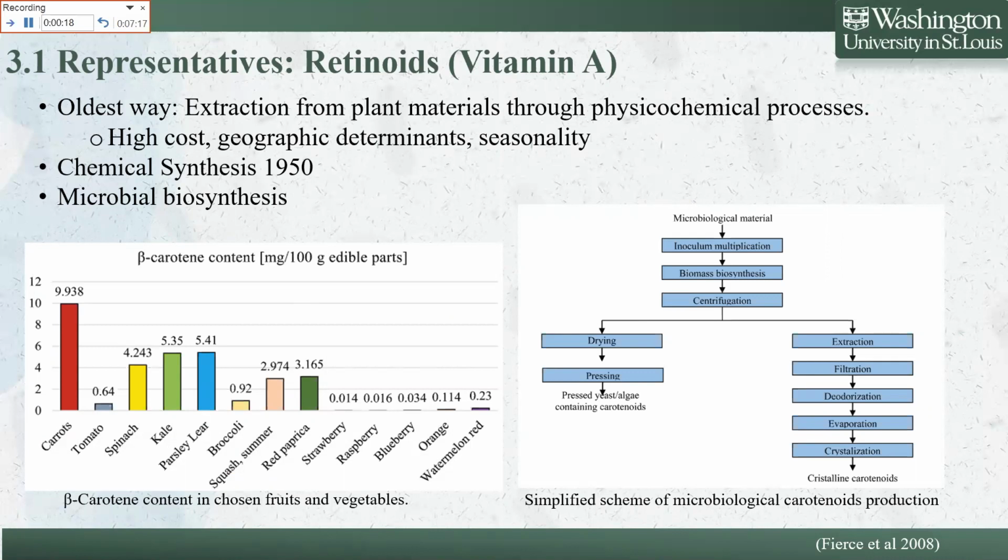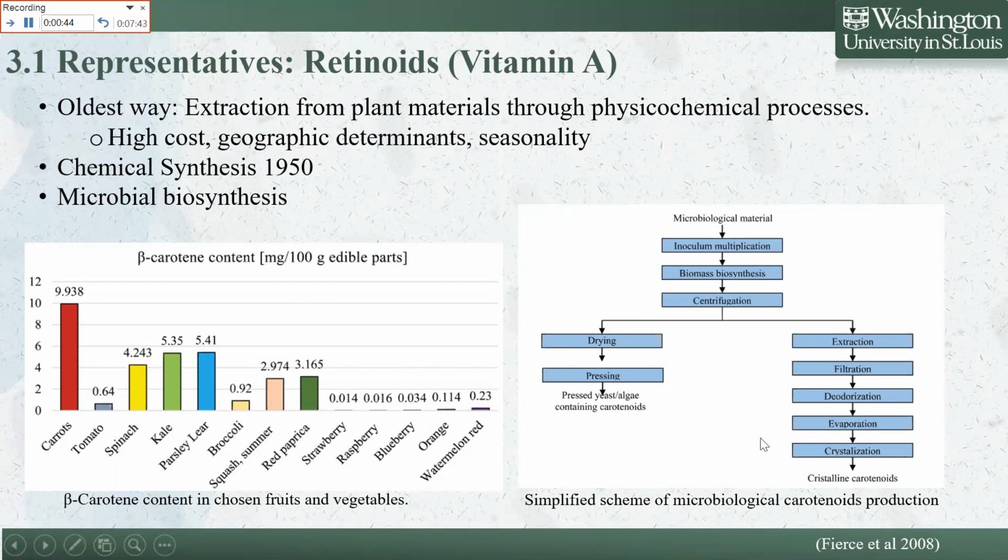So it is easy to say that the oldest way to obtain carotenoids is extraction from plant material based on physical-chemical processes. They are extracted from green parts of plants, flowers, fruits, seeds, roots, and tubers.